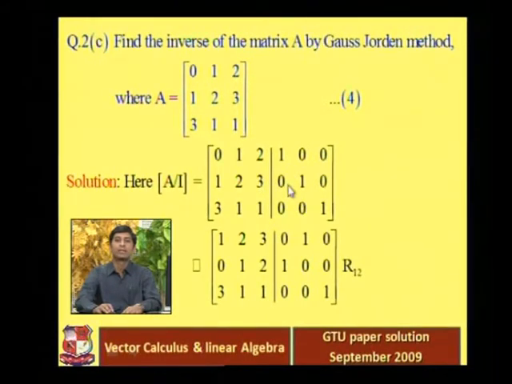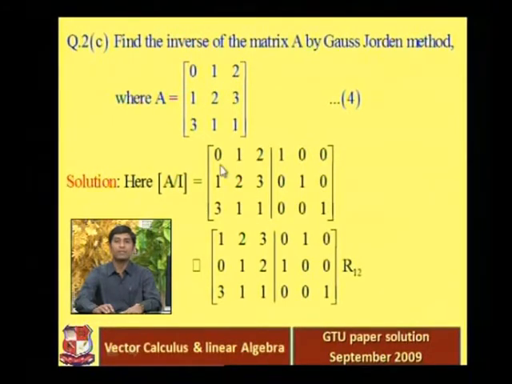Using row operations, we want the identity matrix on the left hand side, and whatever is on the right hand side is the inverse of the given matrix.